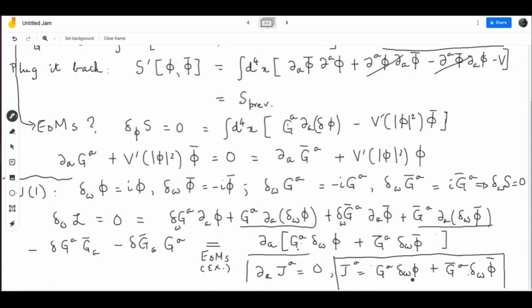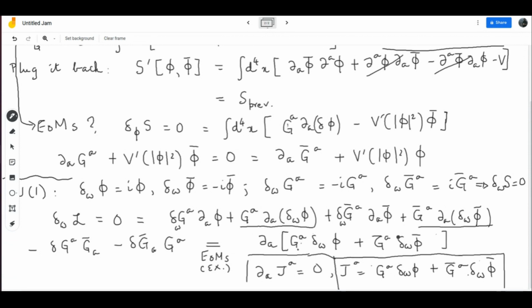Once again, you can see that it's exactly the same J^A that we found from the previous action. If you plug in, using the equation of motion, what G^A and G bar^A are, then you get exactly the same current. But here I wanted you to have a look at this form. Is this clear? Are people confused by my mistake? You shouldn't be.